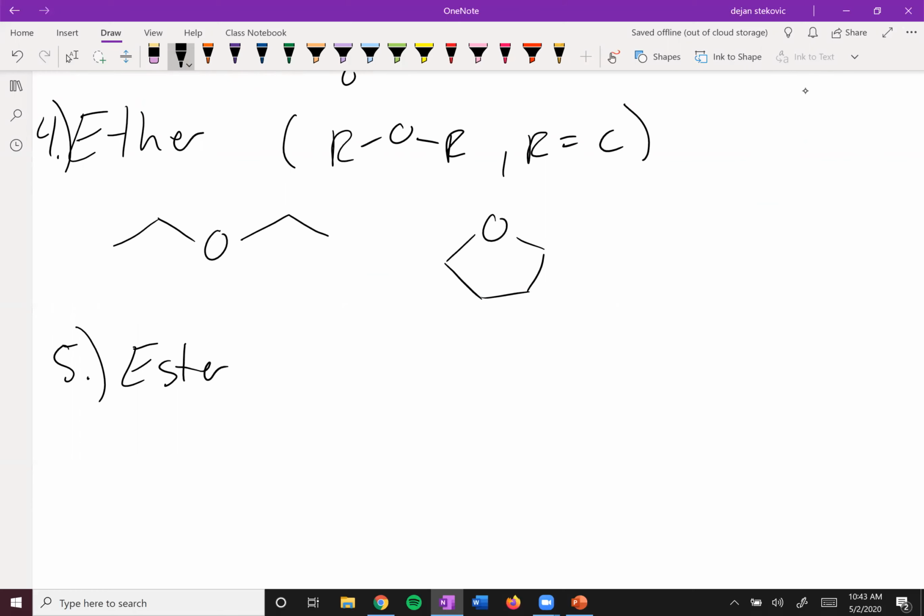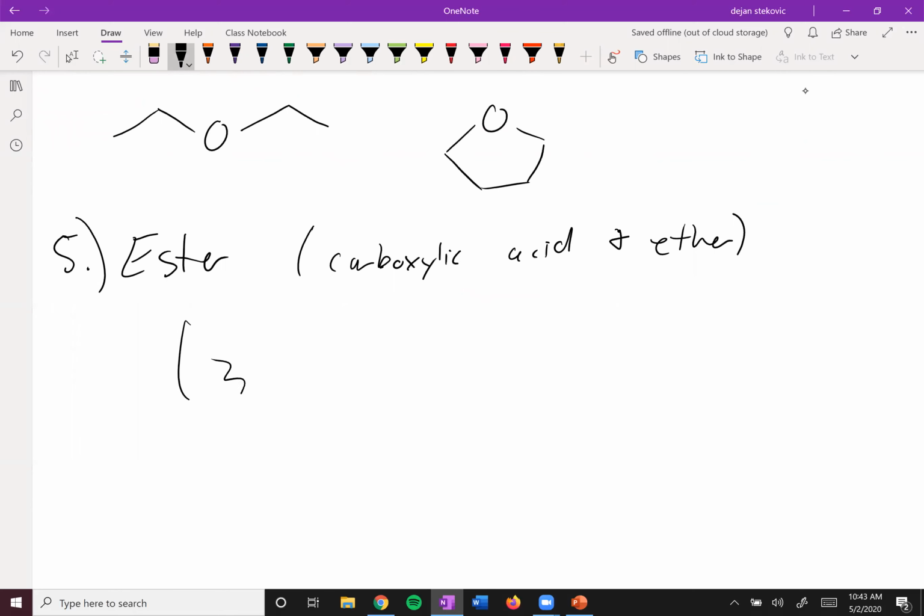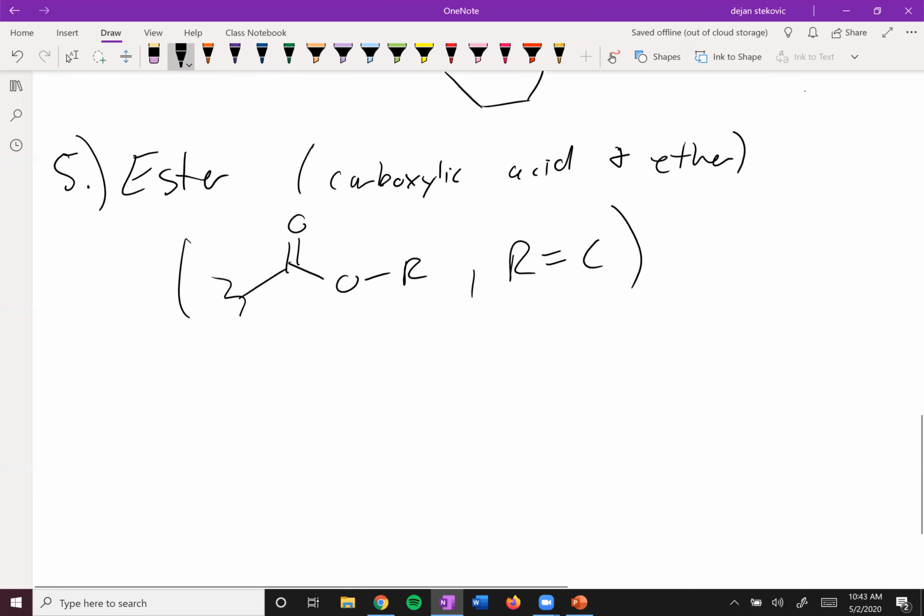Next up, we have an ester. An ester is kind of like a carboxylic acid plus an ether. So it looks something like this, where this R is some kind of carbon, which is then bound to something else, right?